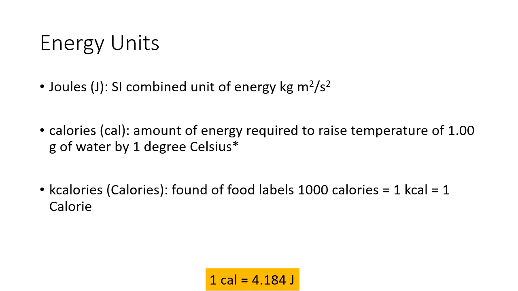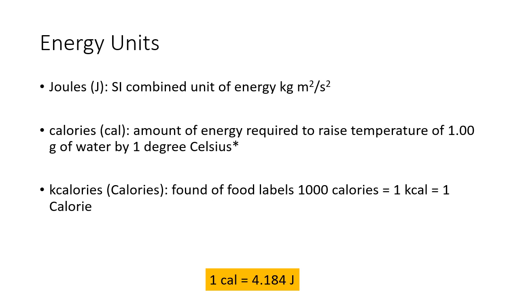The kcal or kilocalorie can also be expressed as capital C calorie. Lowercase c is the amount of energy it takes to raise the temperature of 1 gram of water by 1 degree Celsius. Capital C refers to the amount that's 1,000 of those lowercase c calories.